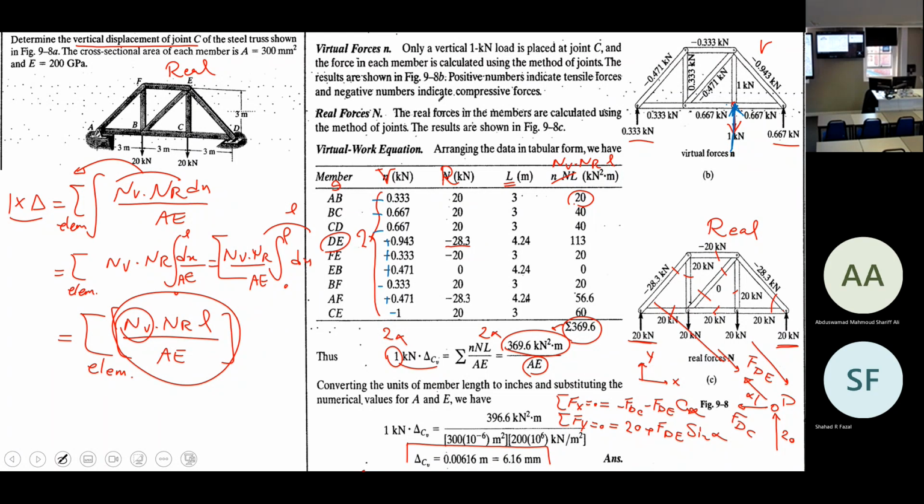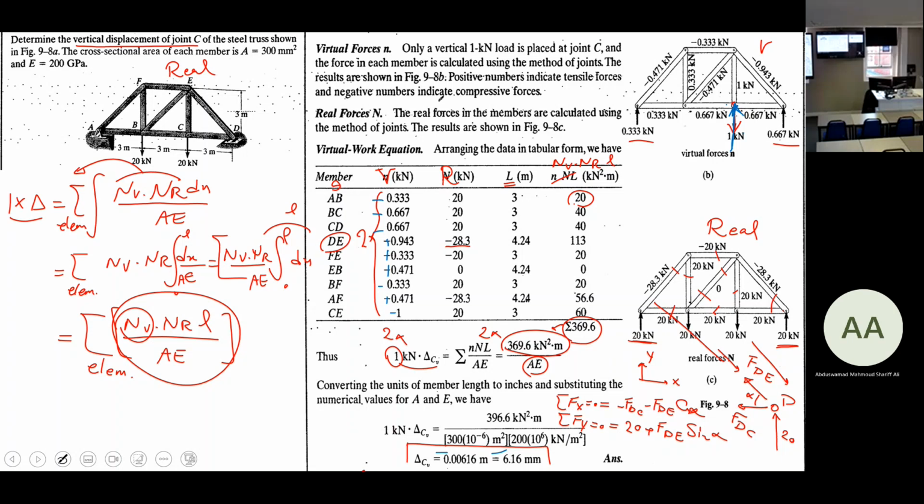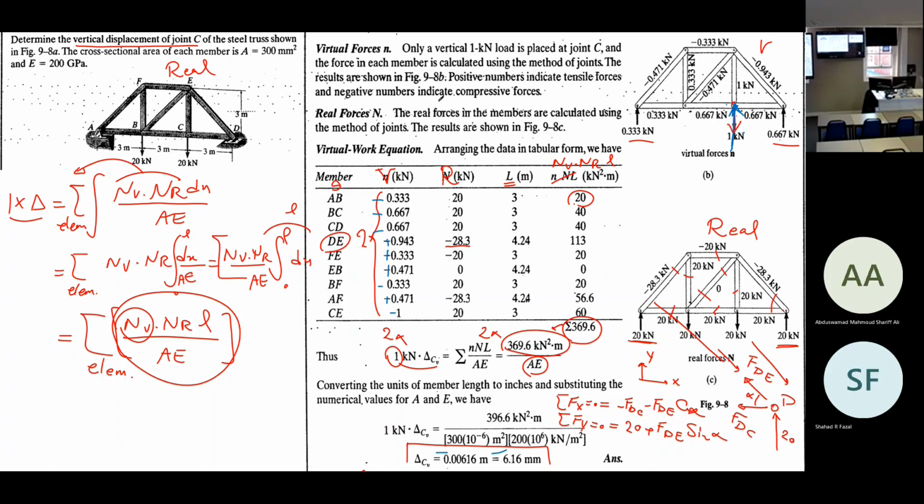And for that reason, you will come up with minus 6.16 millimeter at the end. It means that the deformation, which is negative at the end, is in contradiction with what I have put in my virtual structure as a virtual force. So I put it in the top direction, but it is in the bottom direction, delta C.